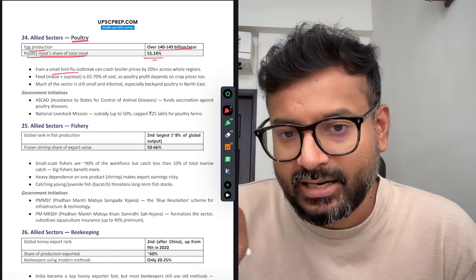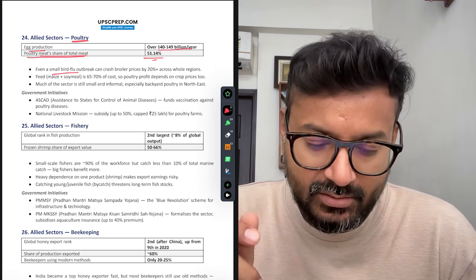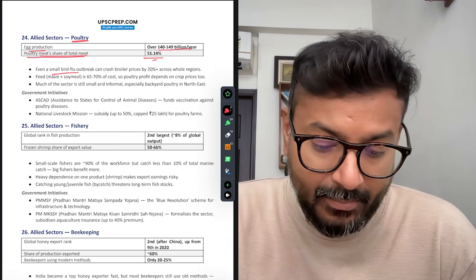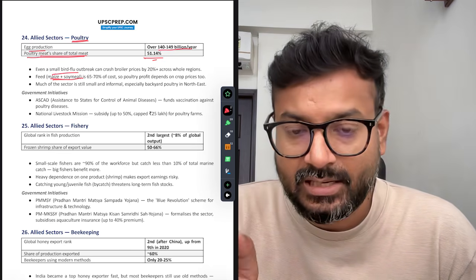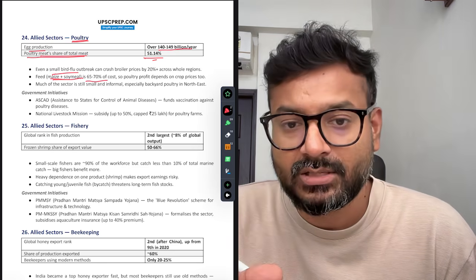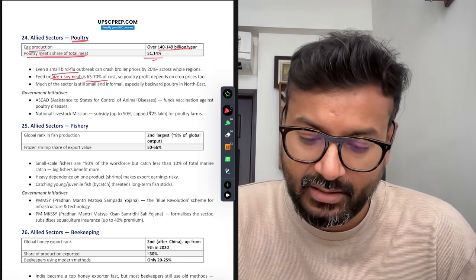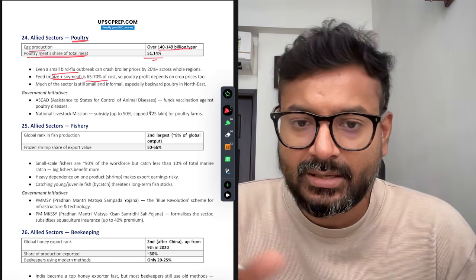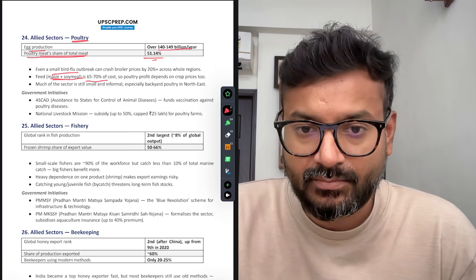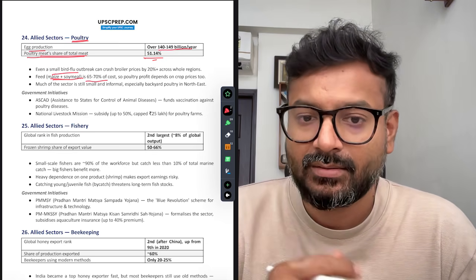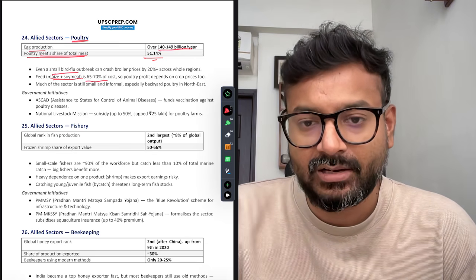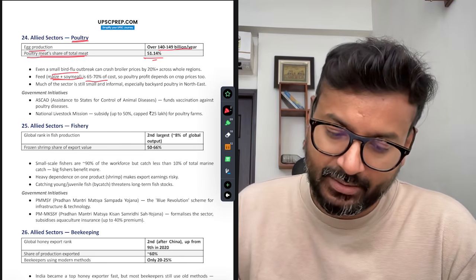Also, the feed that is used for poultry consists of maize and soy meal. They can make up 65 to 70% of the cost of the poultry feed. So the poultry feed is dependent on the crop prices also. If the crop prices increase, the poultry feed prices increase, that will lead to an increase in prices of poultry.